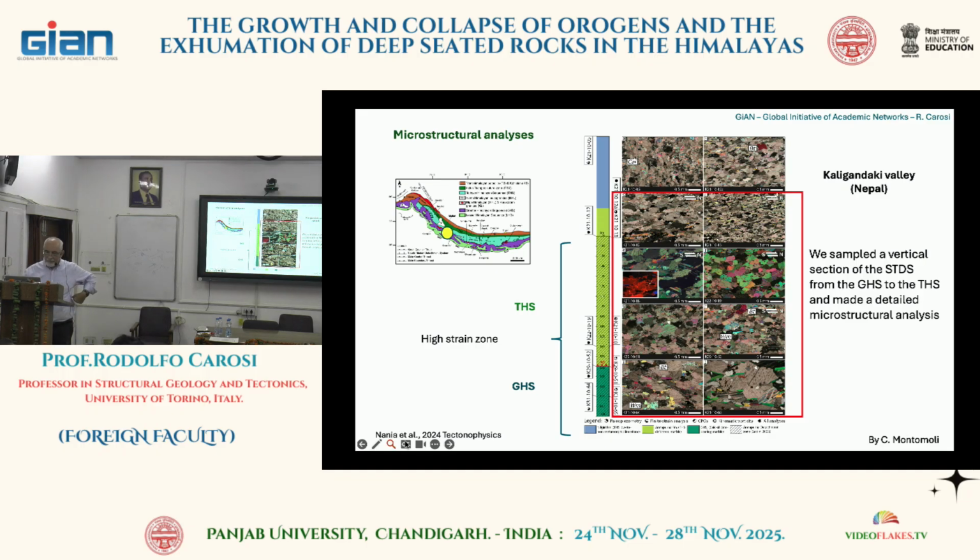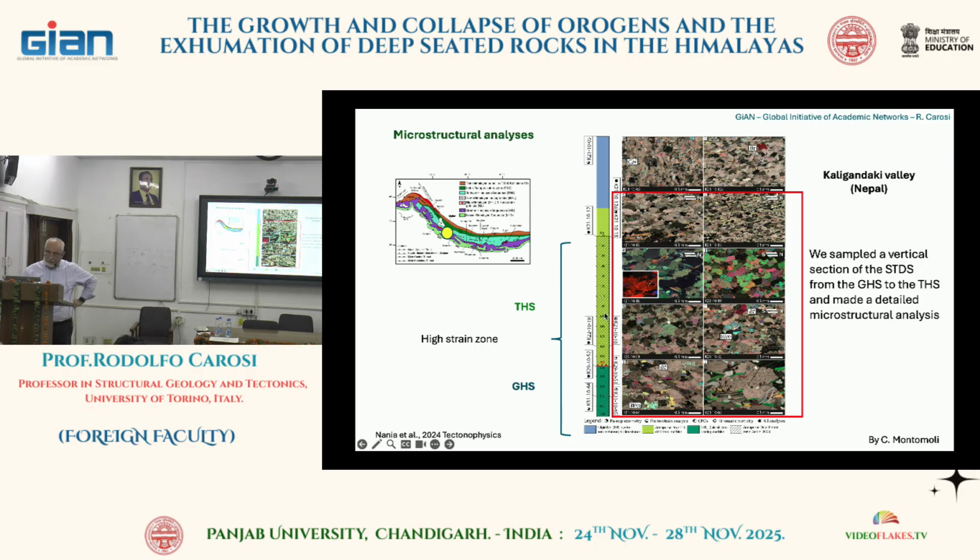a few years ago and published 3 papers. Now she's working at the Geological Survey of Canada. And here we can see in green the Greater Himalayan sequence affected by the shearing of the South Tibetan detachment. In light green, the deformed part of the Tibetan Himalayan sequence.